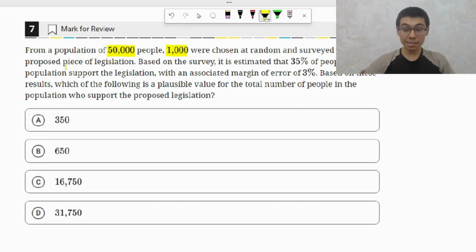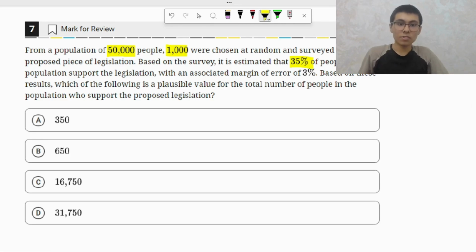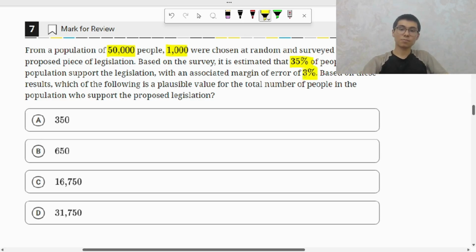Based on the survey, it's estimated that 35% of people in the population support the legislation, with an associated margin of error of 3%. Based on these results, which of the following is a plausible value for the total number of people in the population who support the proposed legislation?